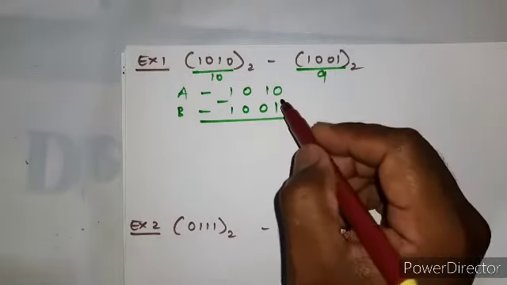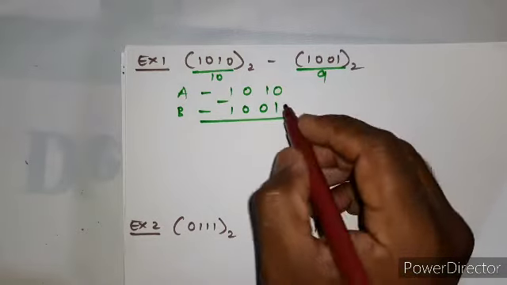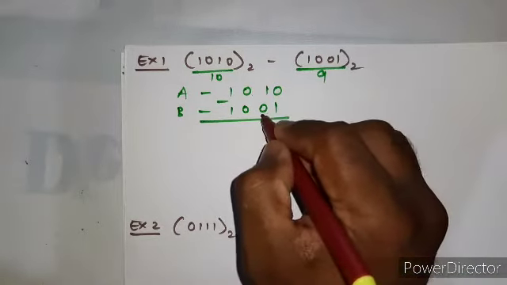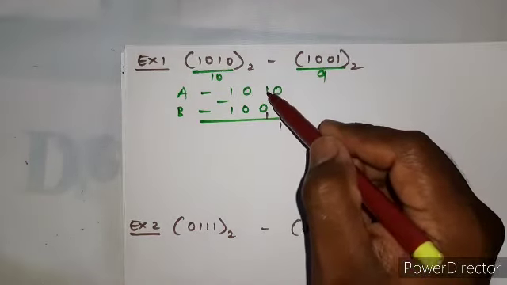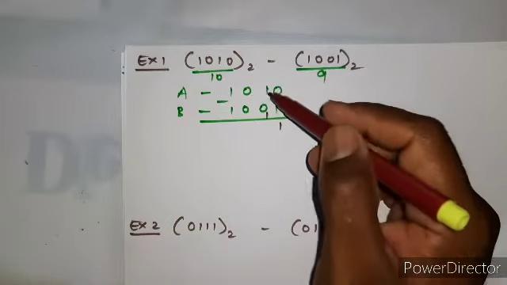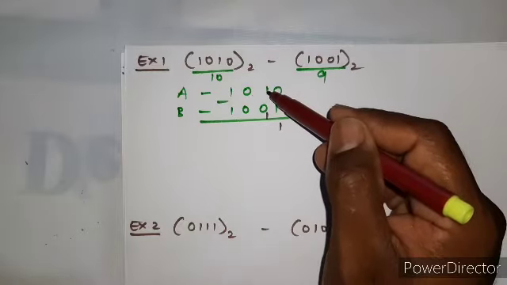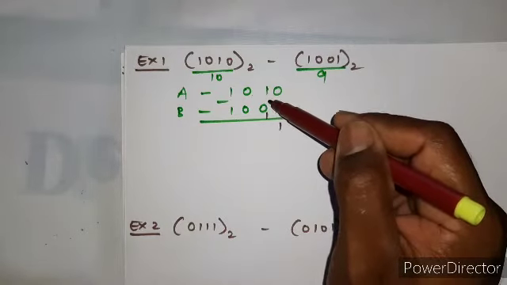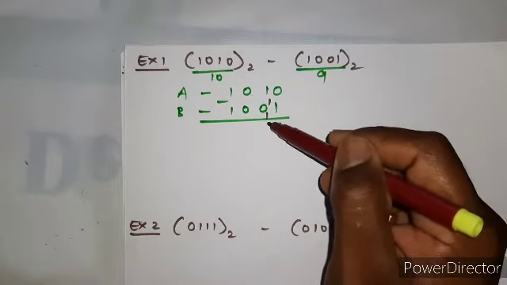Okay, now using those rules, 0 minus 1, difference is 1 and borrow is also 1, right? Now you can go in this way. For this direct binary subtraction we have to go bit by bit. So 1 minus 0 is 1, and 1 minus 1 is 0.